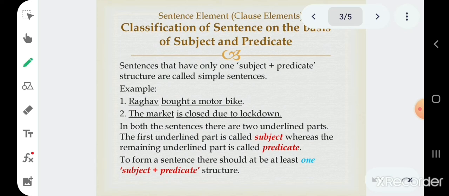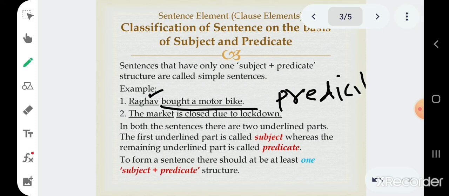In this sentence, the subject is Raghav, and the remaining portion, meaning except Raghav, this whole remaining structure is called the predicate.